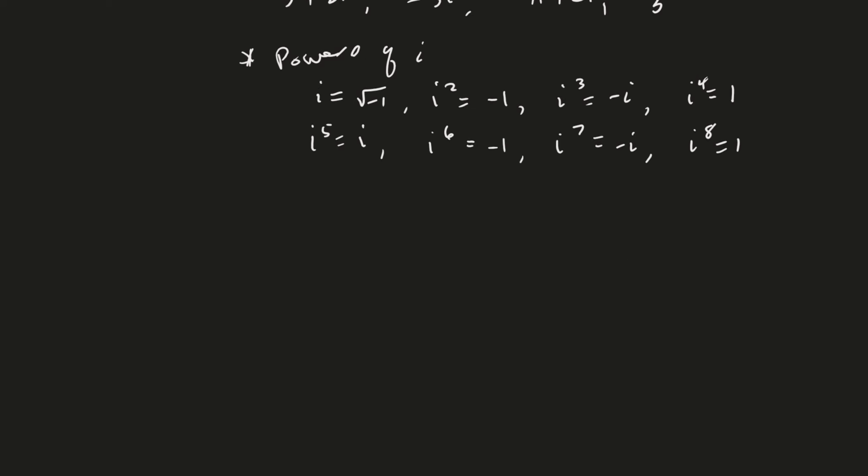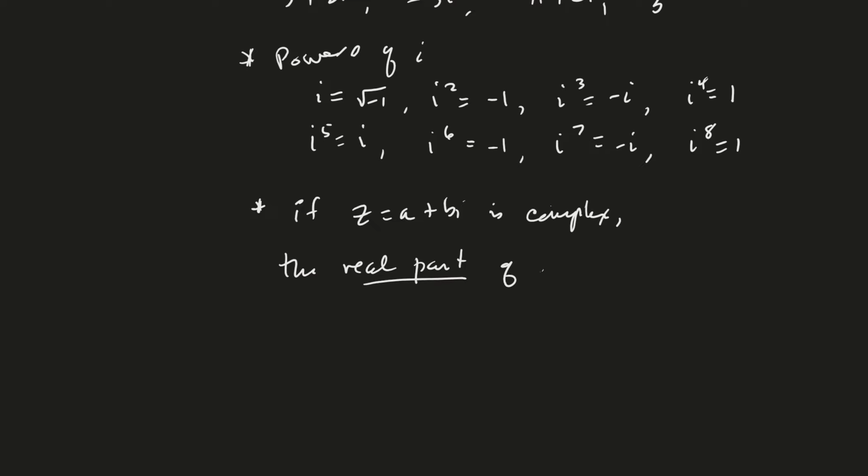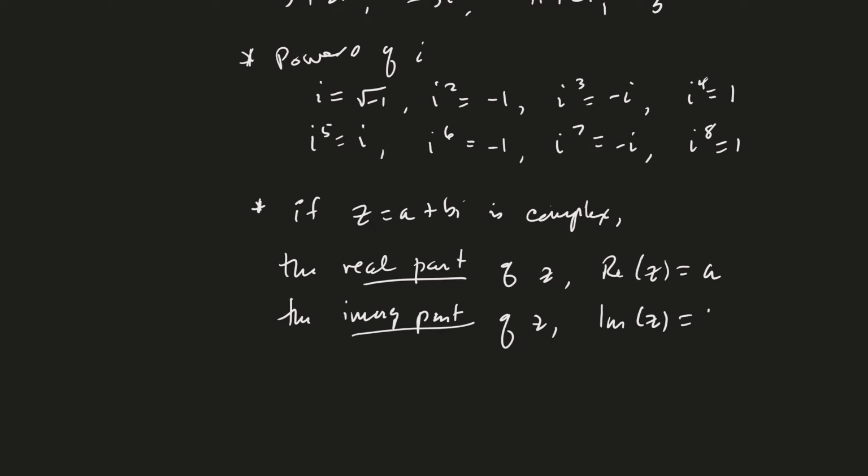All right. As we noted, a complex number contains two parts, and so we denote: if z is equal to a plus bi is our complex number, then the real part of z, sometimes written Re z, sometimes actually spelled out, is just the number a, and the imaginary part of z, sometimes abbreviated as Im z, is the b.